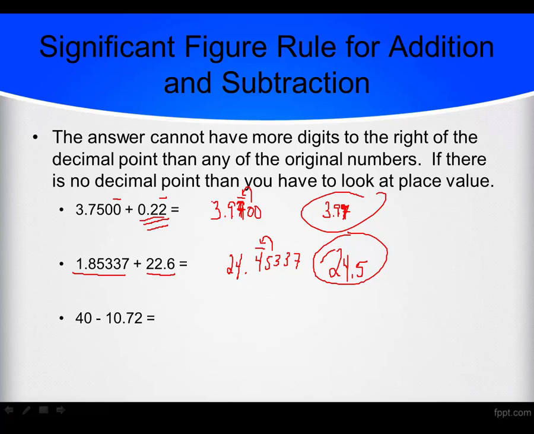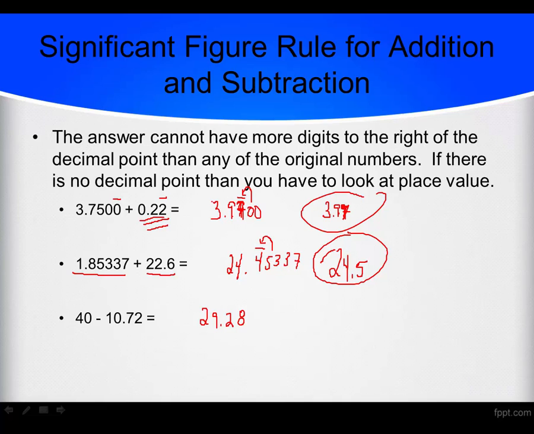And this final one here, 40 minus 10.72. Calculator's telling me 29.28. I've got out to the hundredths place value with 10.72, but what's my last sig fig in the number 40?